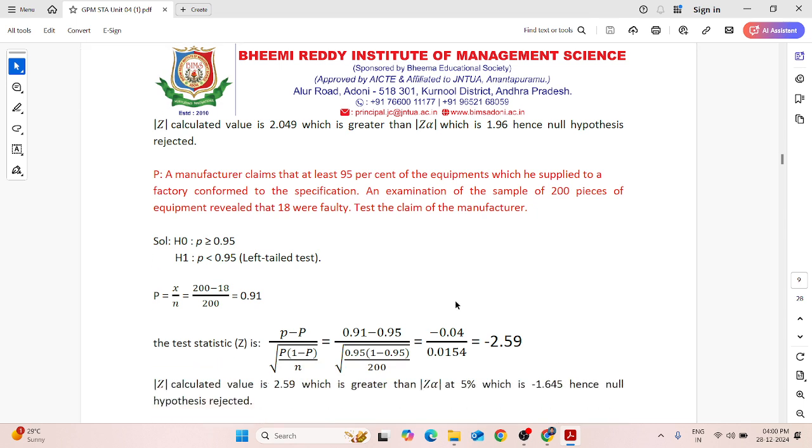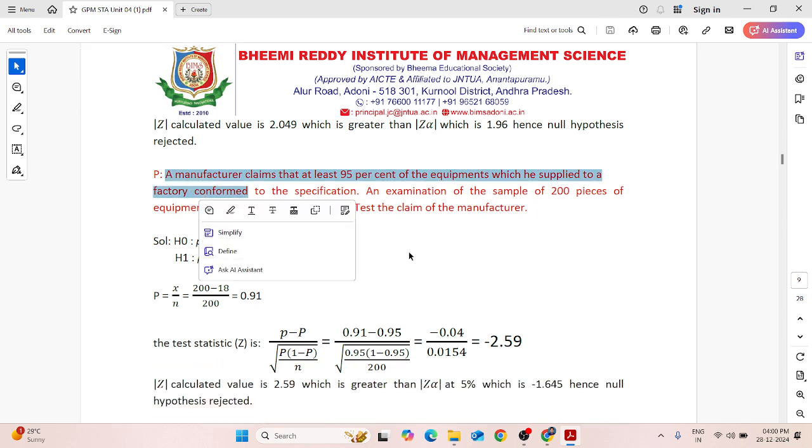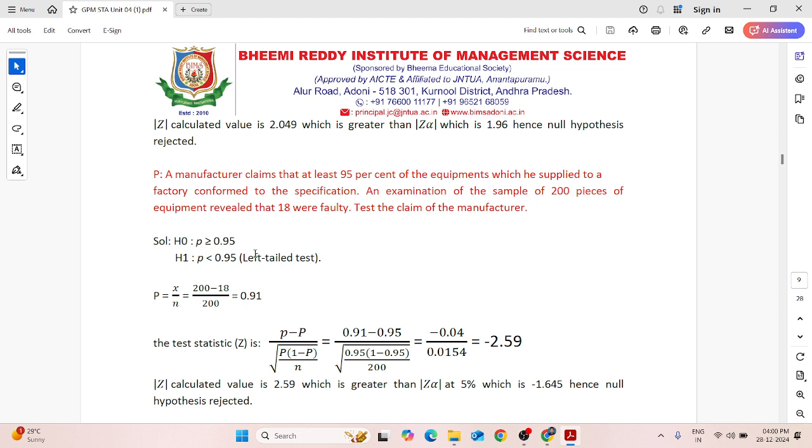In the same way, here there is a problem with a directional hypothesis statement, which is in the direction of a left tail test. An examination of a sample of 200 pieces of equipment revealed that 18 were faulty. So 18 were faulty out of 200. If we remove the faulty ones, we get the proportion meeting the specification.